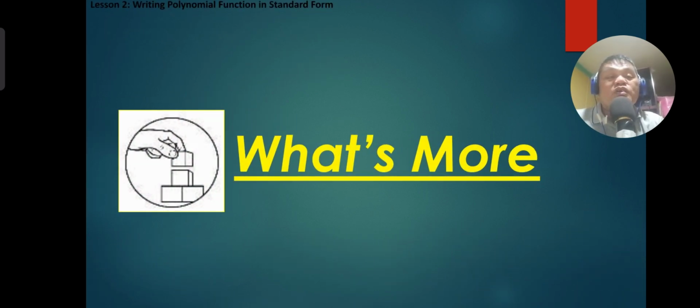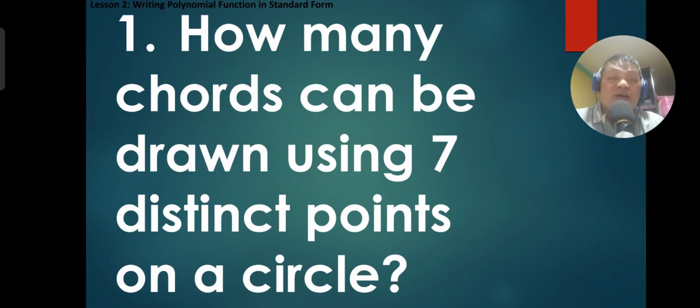Okay. So, let's go to the evaluation. Number 1. How many chords can be drawn using 7 distinct points on a circle? How many chords can be drawn using 7 distinct points on a circle?